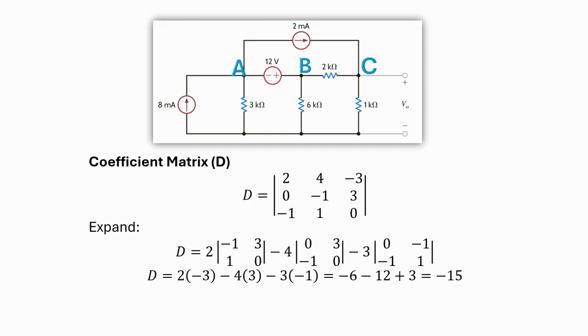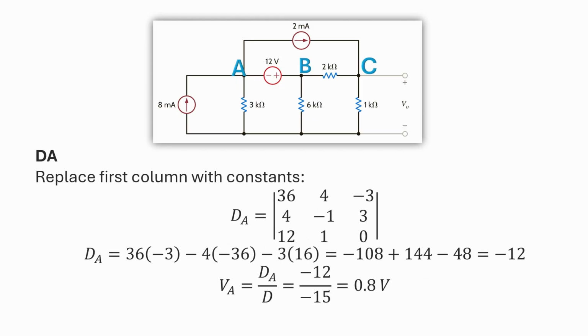We first calculate a main value called a determinant, which helps us scale our results correctly. Once that main value is found, we can solve for each node individually. By rearranging our grid and comparing it to our constants, we find that the electrical pressure at node A is just under 1 volt.